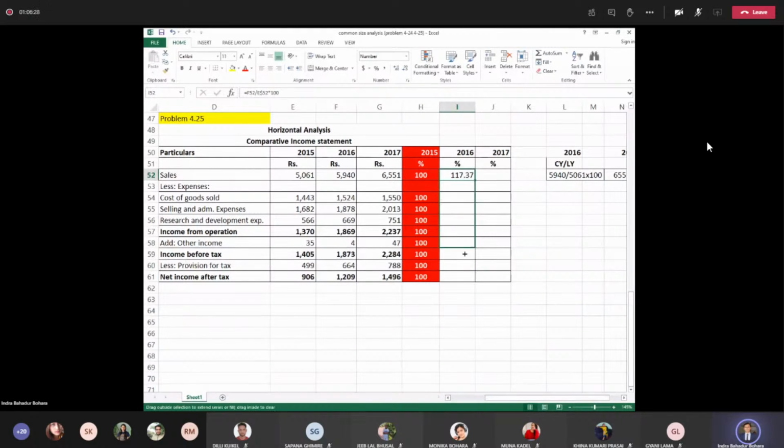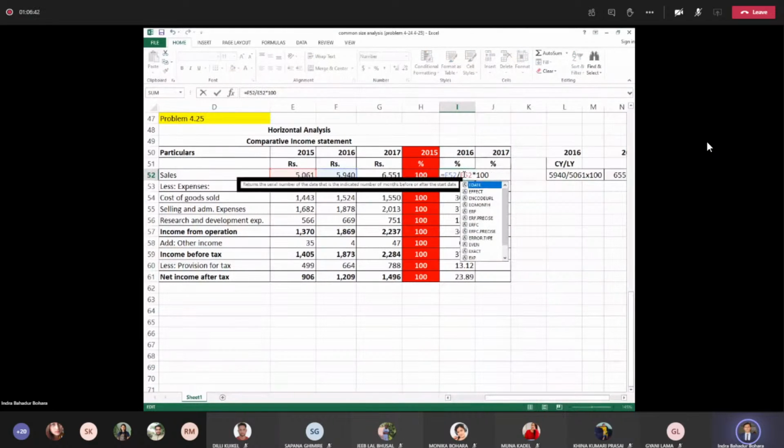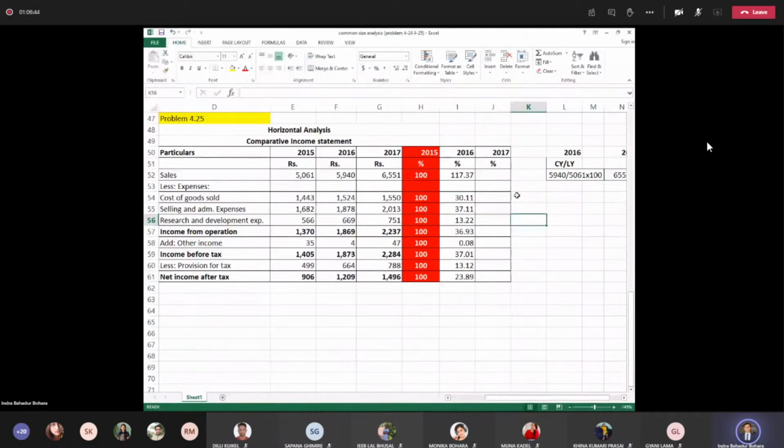Now you calculate the percentage of each and every component. You calculate the percentage of cost of goods sold.